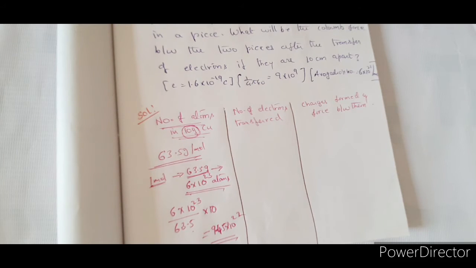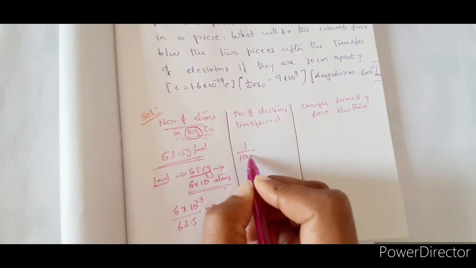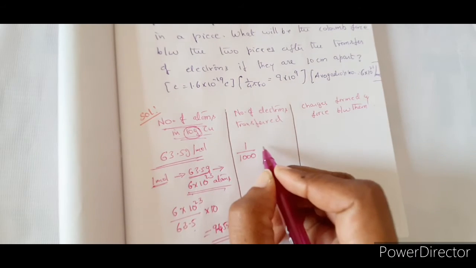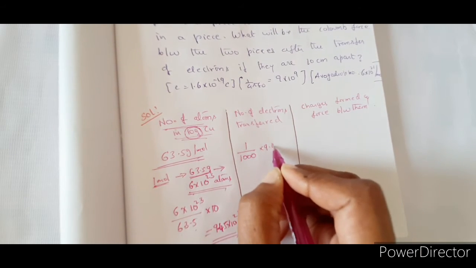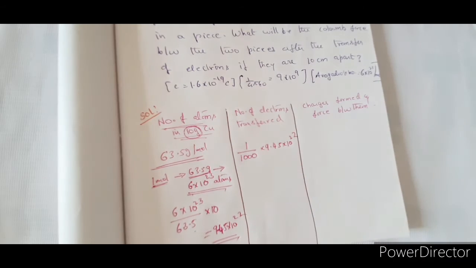So that is 1 electron per 1,000 atoms, and the number of atoms here is 9.45 into 10 to the power of 22.